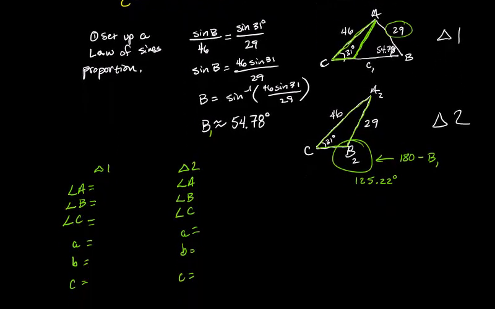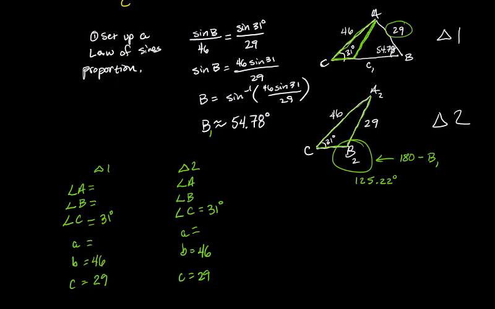We're given angle C, that's 31 in both. We're given side C, that's 29 units in both of them. We're given side B, that's 46 in both of them.